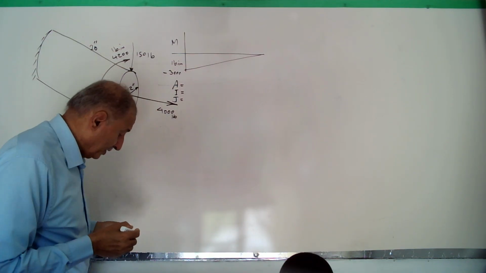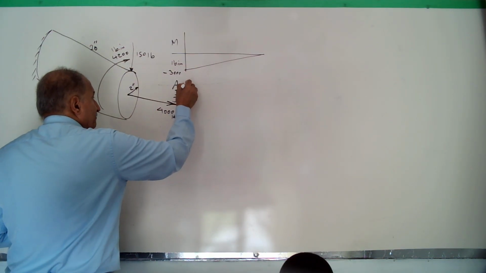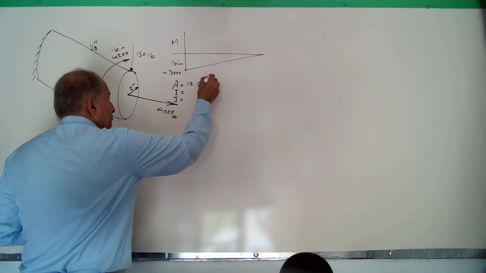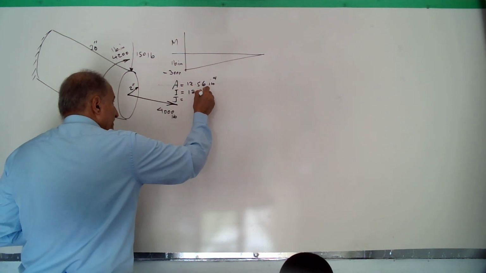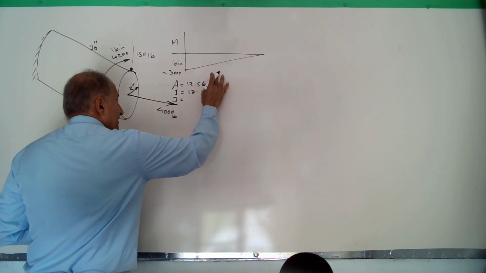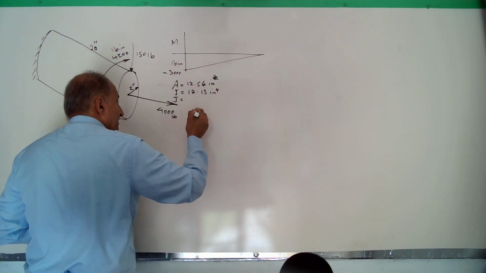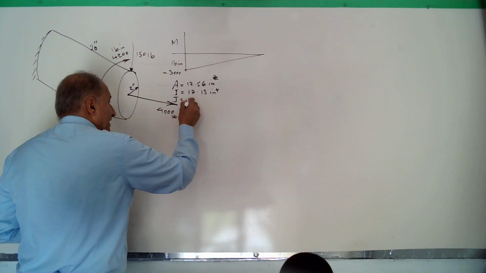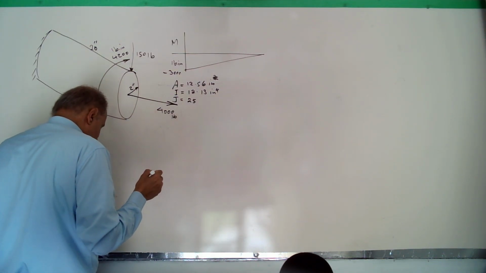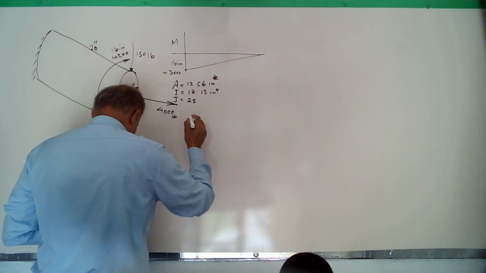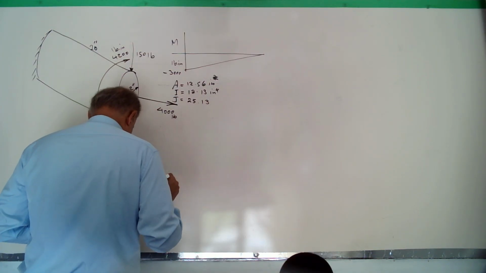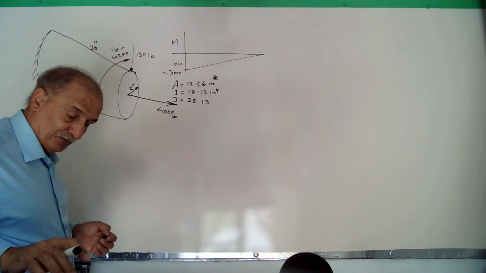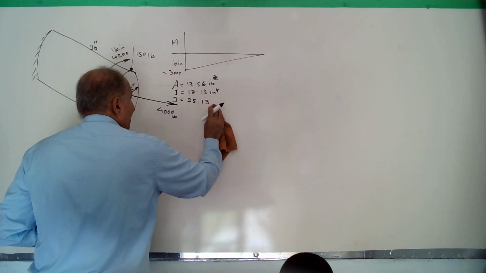The area is 12.56 inches squared, I is 12.57 inch to the power 4, and J is 25.13.